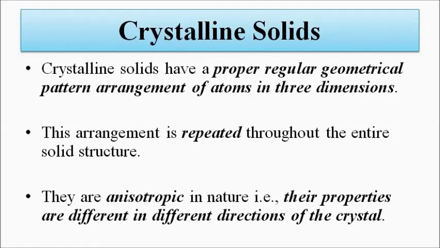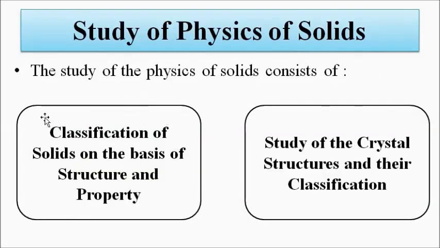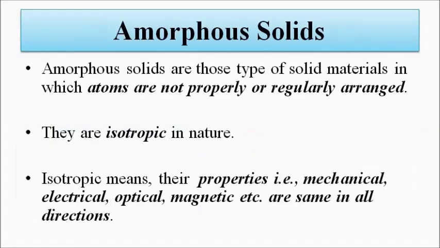So here we have discussed some basic things related to the study of the physics of solids, the classification of solid materials, and the basic concepts related to amorphous and crystalline solids.